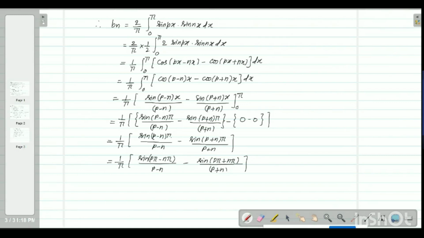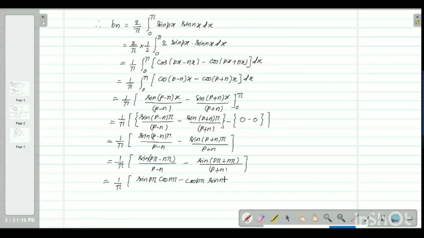Now apply the formula: sin a minus b is sin a cos b, that is sin p pi cos n pi, minus cos a sin b, cos p pi sin b. What is the sin b?